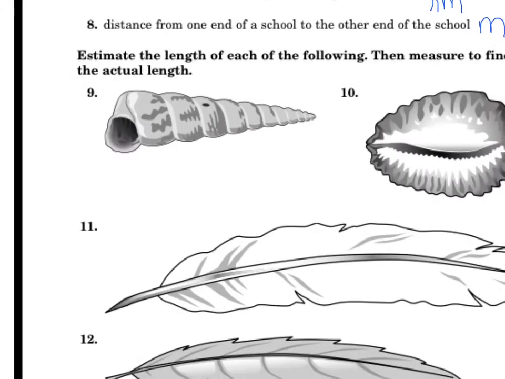Okay, number 9 says estimate the length of each of the following, then measure to find the actual length. Okay, that's difficult to do with an iPad. But this one, if you take your pinky, 1, 2, 3, 4, 5, 6, 7, I got 7 pinkies long on this one. So 7 pinkies is about 7 centimeters.